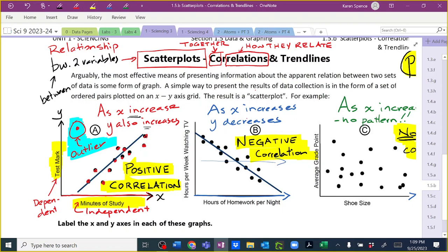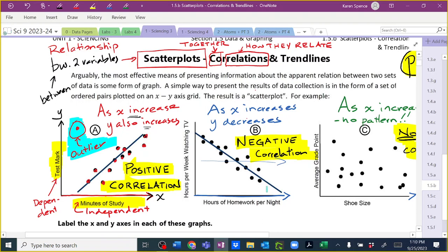Now I have drawn some lines here that pass through the middle of the data, right? That passes through the middle of the data. This passes through the middle of the data. It's showing the overall trend of the data. What do you think we call that line? Yes, we call it a trend line.